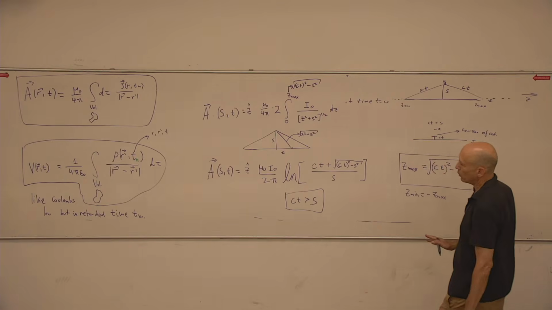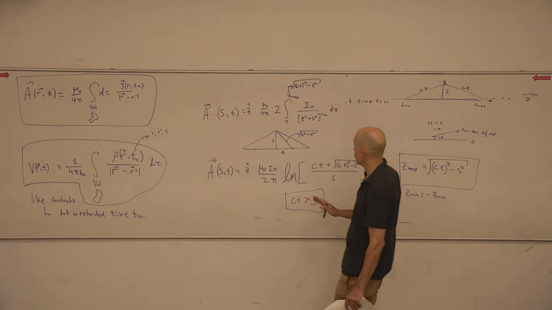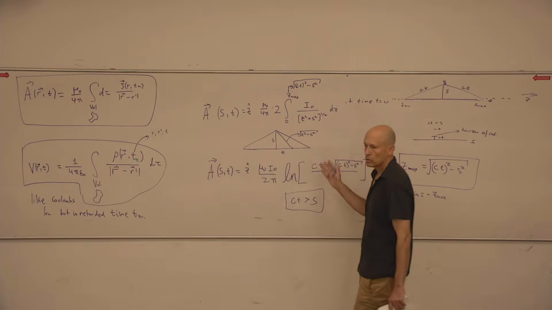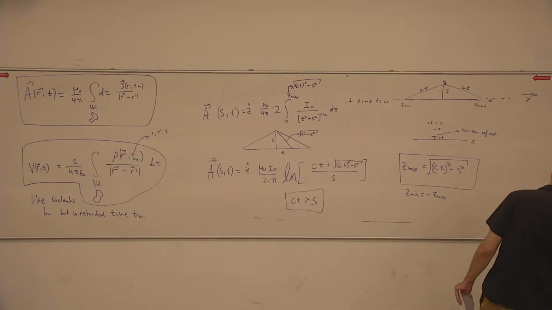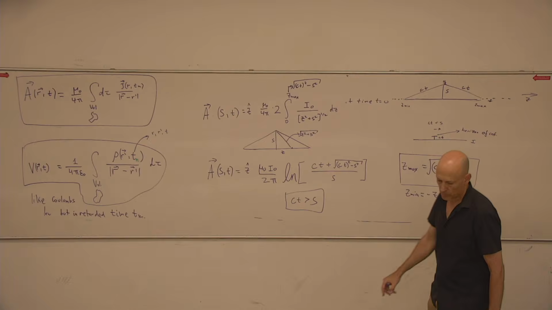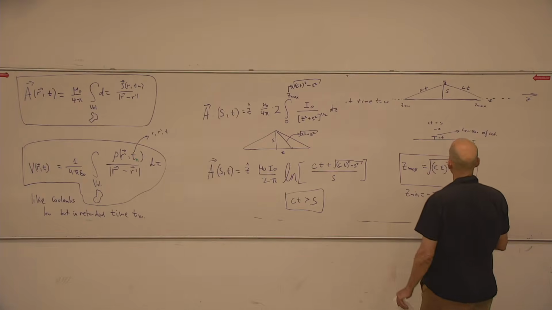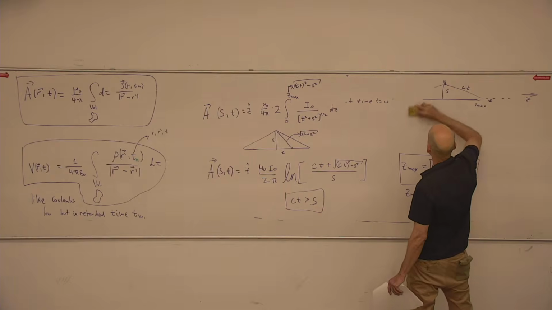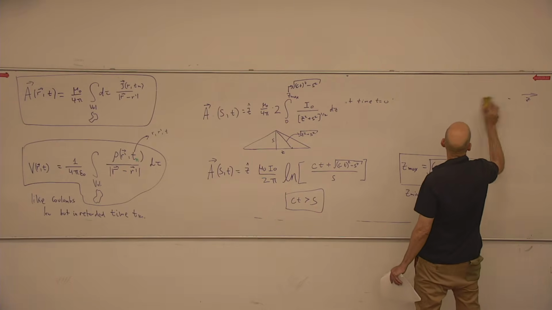Okay, so now I have A, and now it's relatively easy to find E and B. So I'm not going to go into the simple math, but it's a simple exercise to find E and B. So first of all, what is the E?